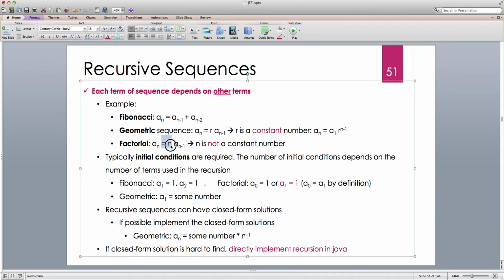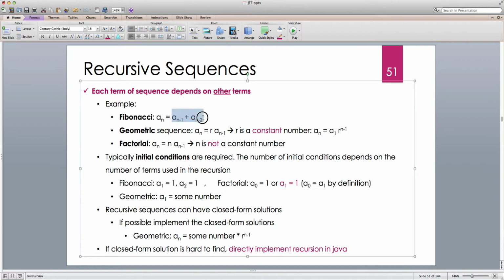But there are some non-linear recursions where the coefficients actually depend on the index. For example, factorial, a_n is n times a_(n-1). So this coefficient is changing each time we calculate a term. And then we said that for recursion, obviously we need the initial conditions so that we can start from the initial terms and then evaluate the next terms.